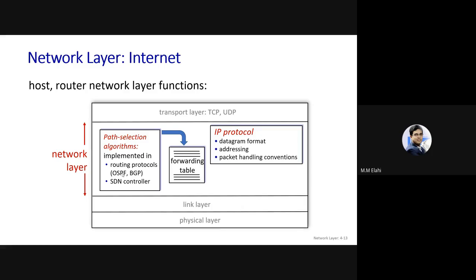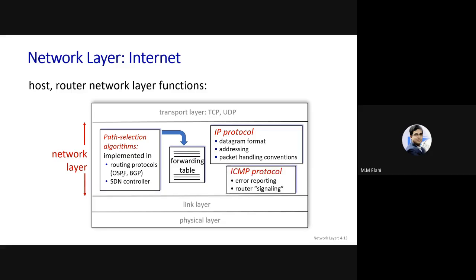It also uses IP, Internet Protocol, which has a datagram packet format with some header. We'll see the structure of the header. Then it provides addressing, IP addressing, and packet handling conventions. As we said, in forwarding, it receives a packet and forwards it to the next node.